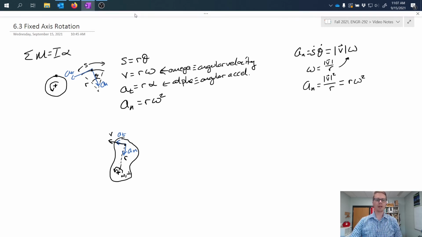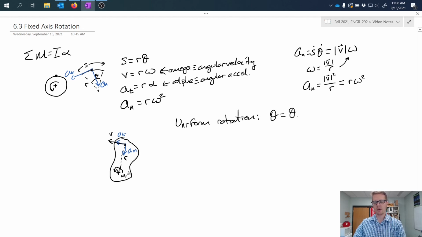The other thing we want to make note of is that we have some sample situations that we've looked at before, and that is uniform rotation, which, when we talked about linear motion, we called constant velocity motion. So this would be like a constant rotational velocity motion. The result is that we can write a similar equation, but now rather than writing in terms of position x, we're going to write it in terms of angular position theta.